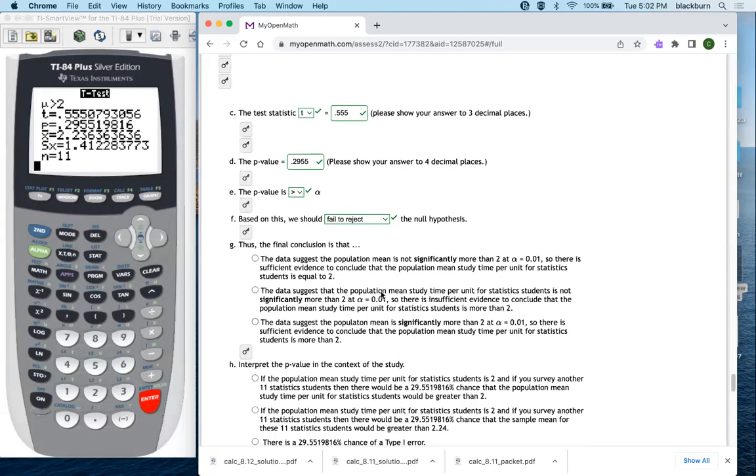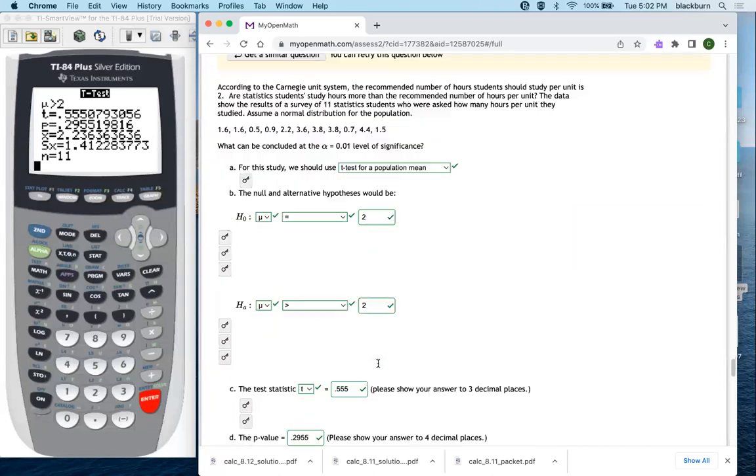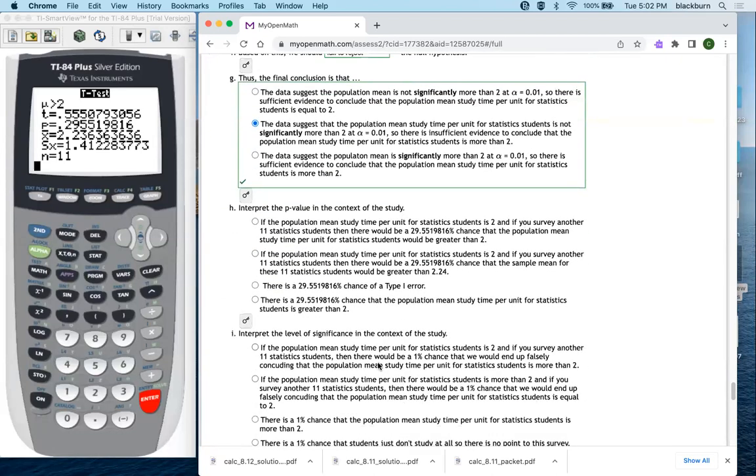So let's see what the second one says. The data suggests that the population mean study time per unit for statistics students is not significantly more than 2, so there's insufficient evidence to conclude that the population mean is more than 2. That's going to be the right one, hopefully. If it's not, I don't know what I'm doing.